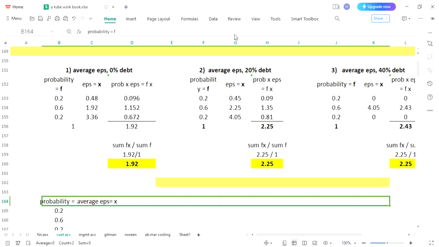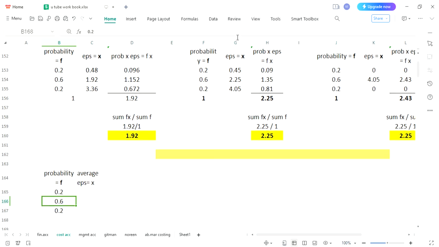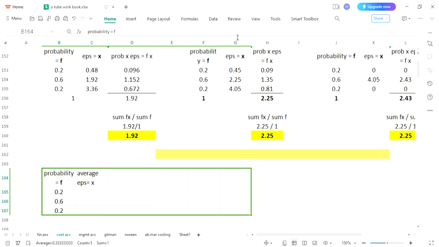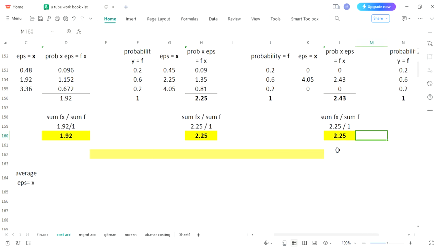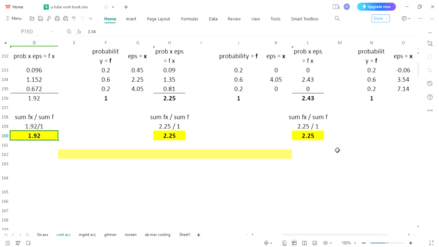Once again, so guys, we have now to calculate our standard deviation, for which we need these two columns. Now please consider probability 0.2, 0.6 and 0.2 is available, and you have three different EPS present which you have calculated over here for 0, and these probabilities are present.